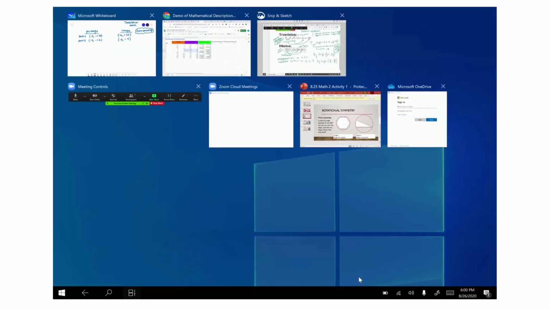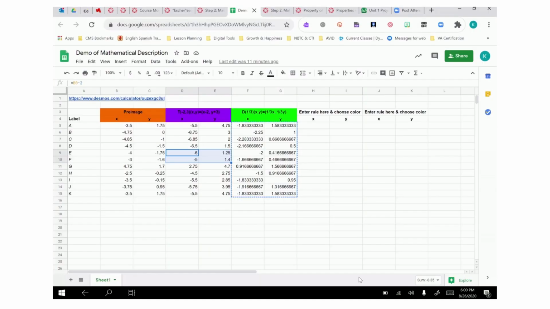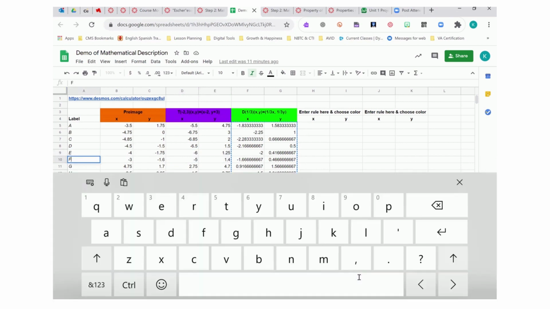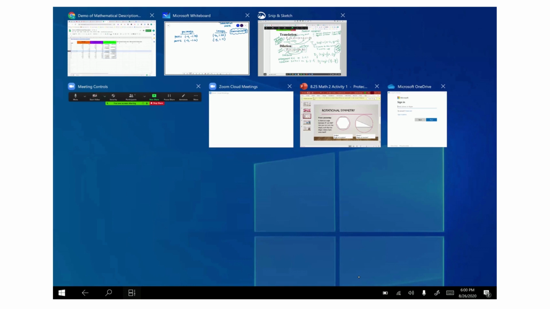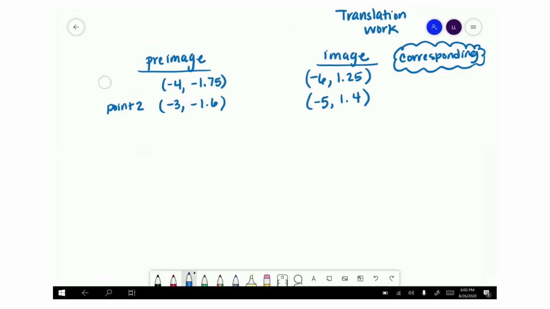The letters E and F go with these 2 points. So instead of point 1, we'll call it E, and instead of point 2, we'll call it F. That makes this E prime and this F prime. Now we have our 2 points.